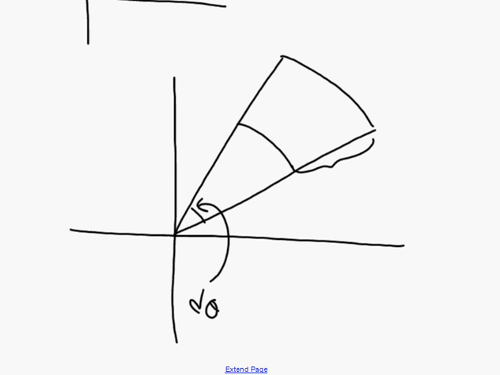So there's a big outer radius, which I'll denote in red, and a little inner radius. So the distance between them, this distance here, is my change in r, my delta r, or we'll call it dr.